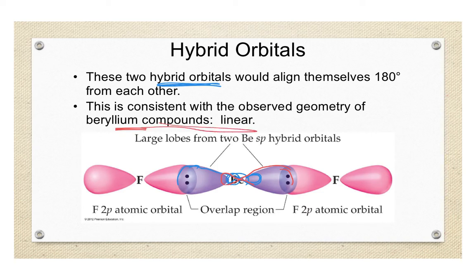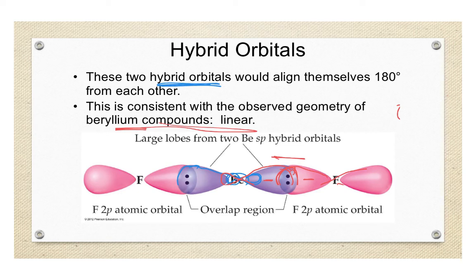They typically bond linearly. Okay, so if I have a fluorine, again, fluorine has a single orbital that has a single electron in it, so it's just a straight up 2p orbital. It comes in and it's going to overlap, so we get one electron from the sp, one electron from this p, we get an overlap there, and voila, we get a single bond.